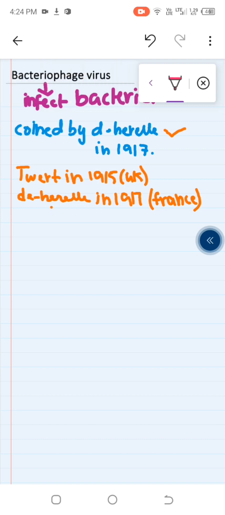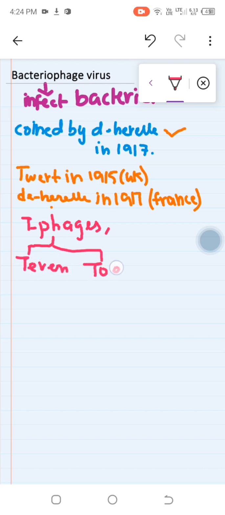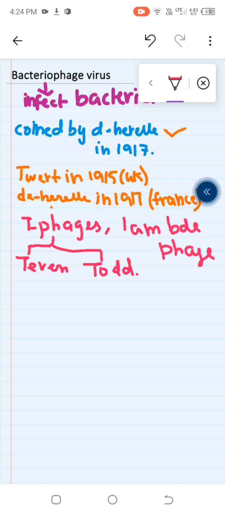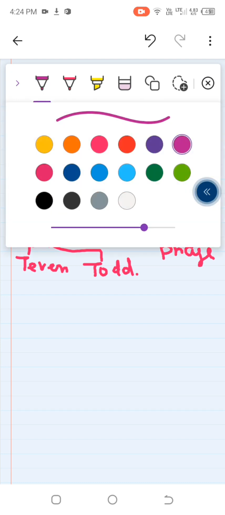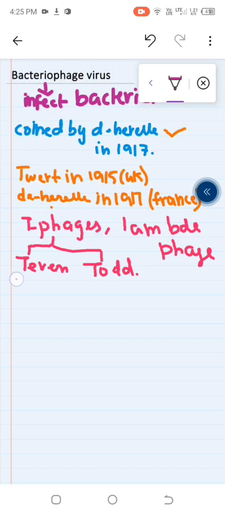This virus group is composed of many viruses, such as the T phages, which include T-even phages and T-odd phages, and another, the lambda phage. If I talk about the T-even phages, here we have T2, T4, T6.